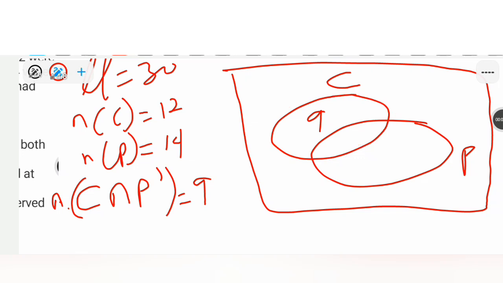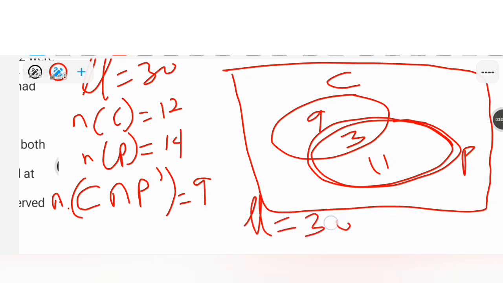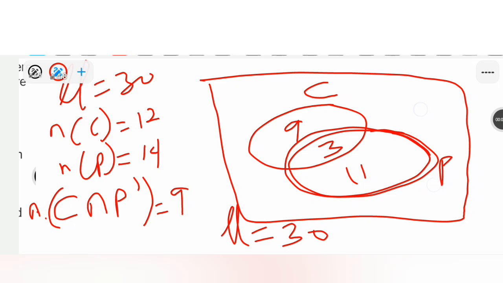If everything here is 12 and this place is 9, that means this place is 3. You understand? Then n(P) is 14, everything here. But 3 has gone out, so this is 14 minus 3, that will be 11. So this is the representation, and this is the universal set, which is 30.